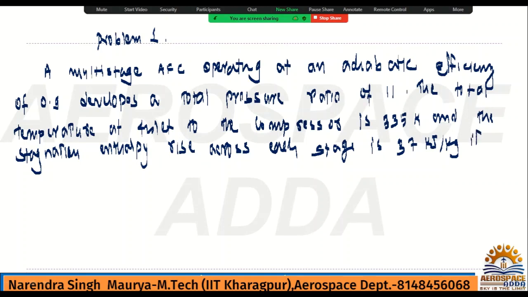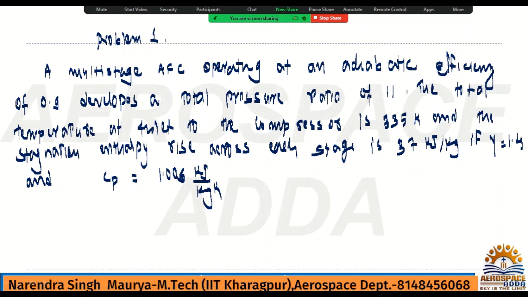If gamma is 1.4 and specific heat at constant pressure, so I must write Cp, no? In short, Cp is equal to 1.006 kilojoule per kg Kelvin.